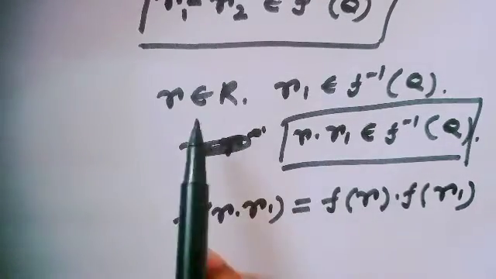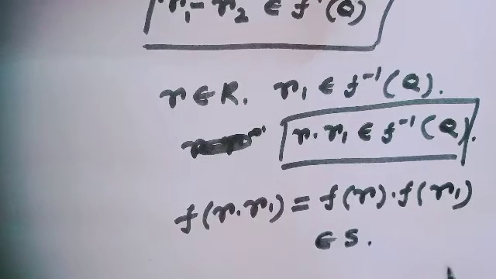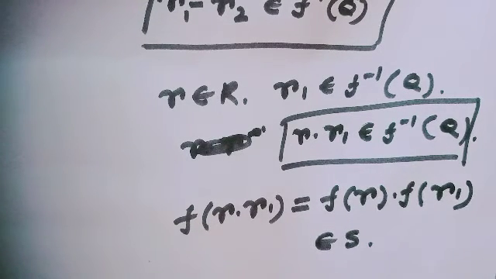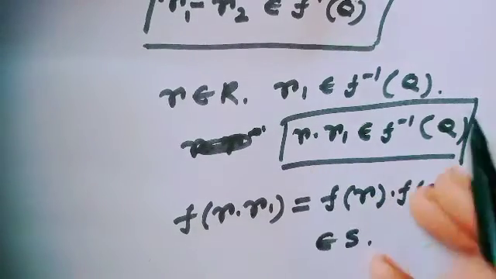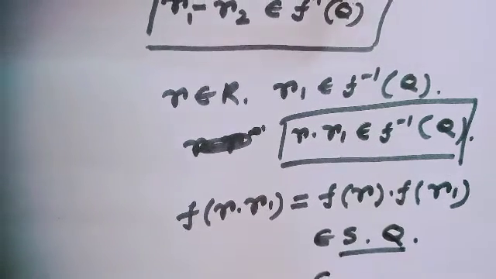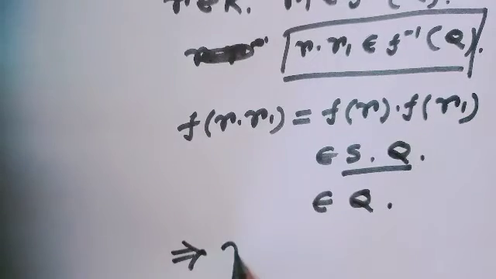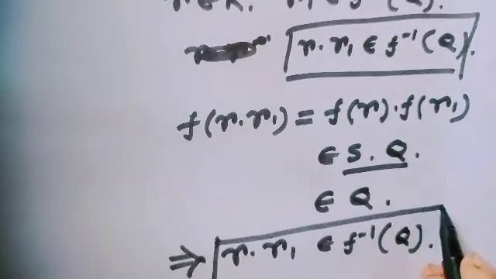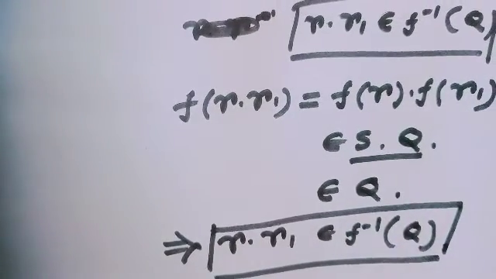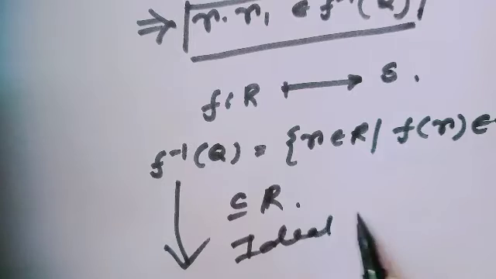Since r is an arbitrary element of the ring, f of r is a member of S, because the mapping is from R to S, and f of r1 is a member of Q. Since Q is an ideal, this product is a member of Q. That means our proof is done: r times r1 belongs to f inverse of Q. So the second condition of ideal is also satisfied.